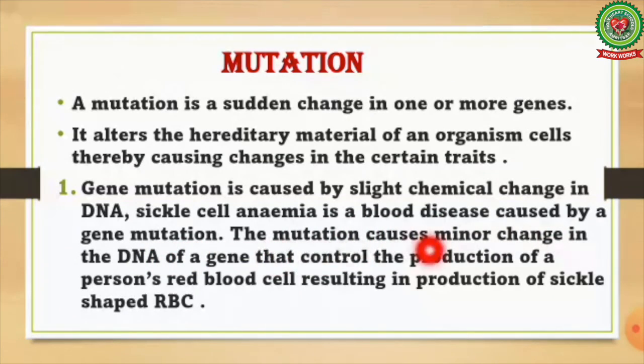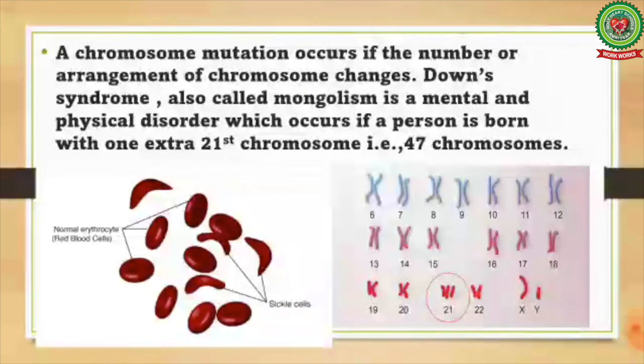The mutation causes a minor change in the DNA of a gene that controls the production of a person's red blood cells, resulting in production of sickle-shaped RBCs. In this figure, the shape of the normal red blood cell is biconcave, and due to the disorder, the shape of the red blood cells changes to sickle shape.